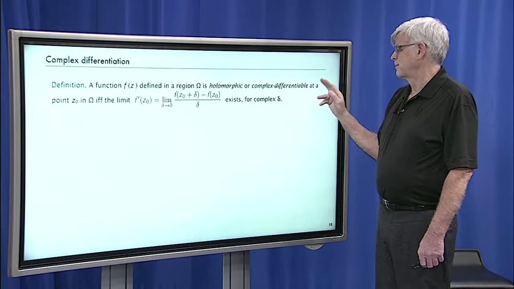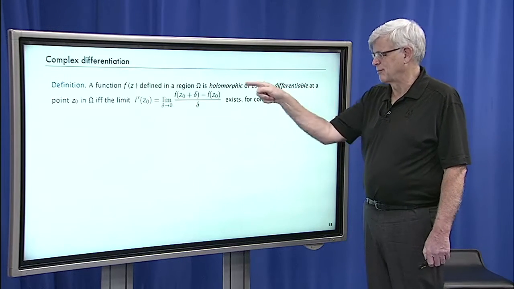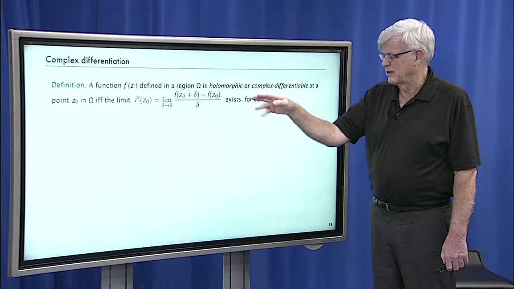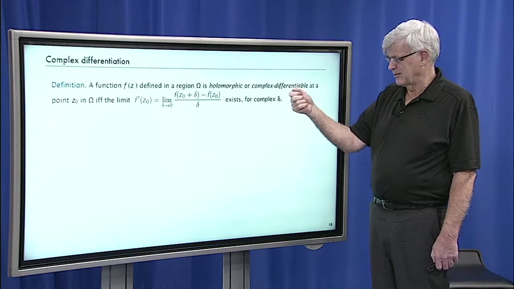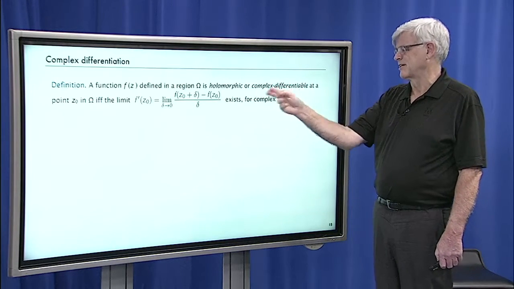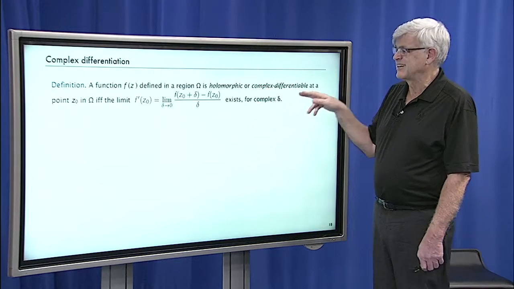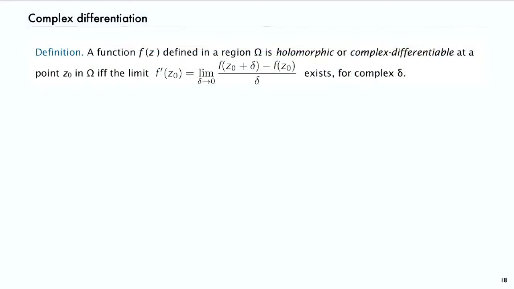A function is complex differentiable, or there's a special word called holomorphic, at a point if this limit, f of z naught plus delta minus f of z naught divided by delta as delta goes to 0, exists, for delta a complex number, z naught complex, and f a complex function. If that limit exists, it's holomorphic or complex differentiable.